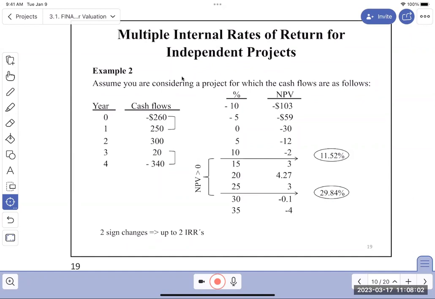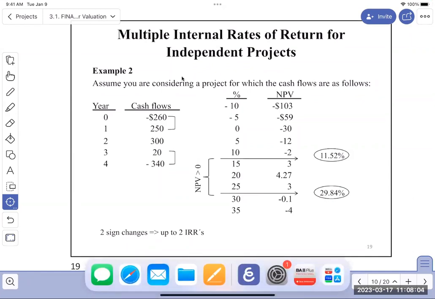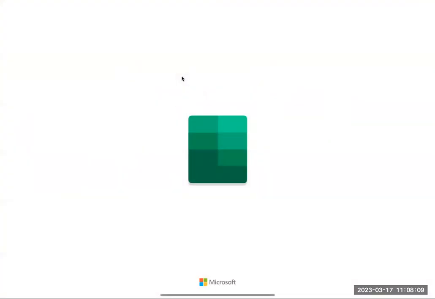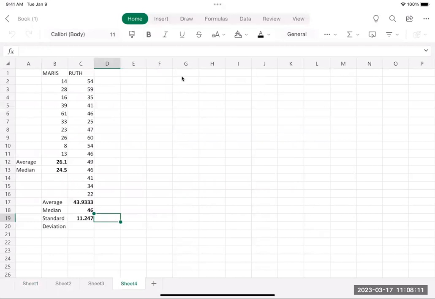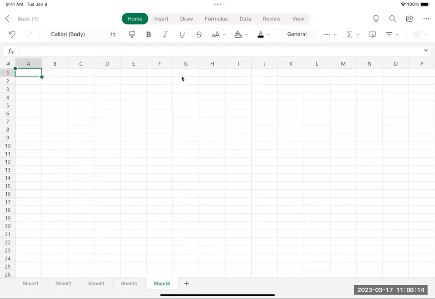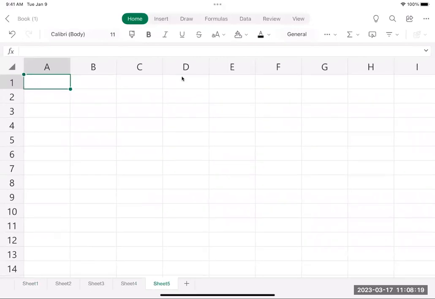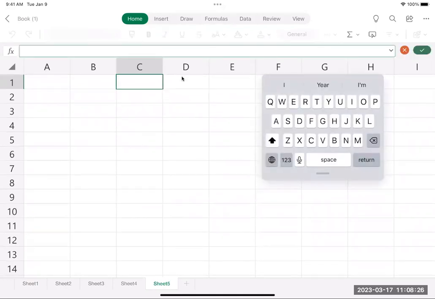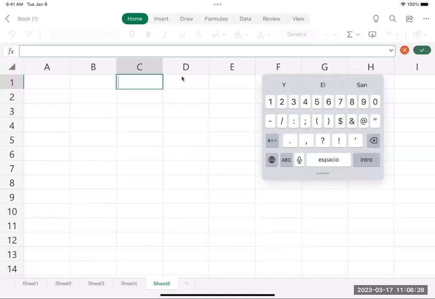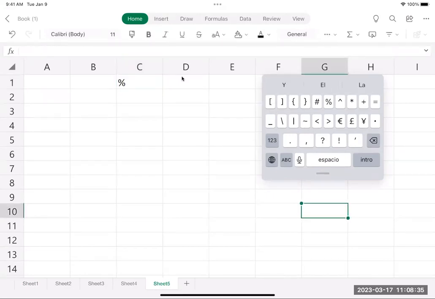Hopefully we don't have problems with Excel because I always get surprises, it seems. So let's go to Excel. And this is on my iPad, so forgive me if I stutter over here. So I'm going to put this percent.